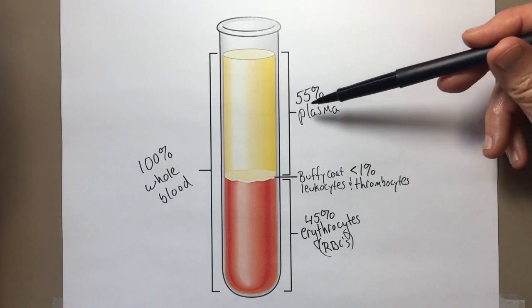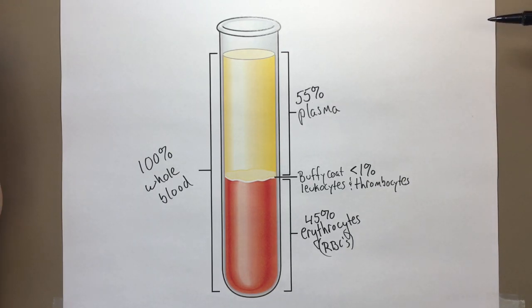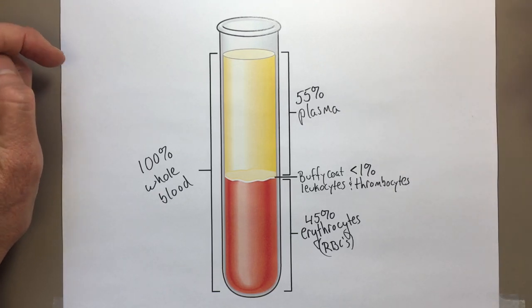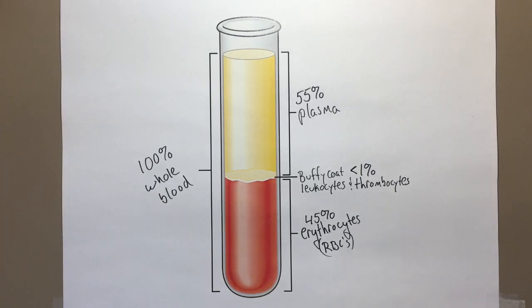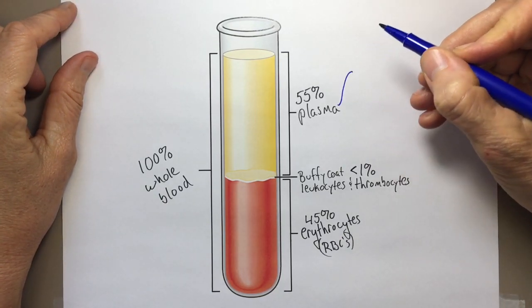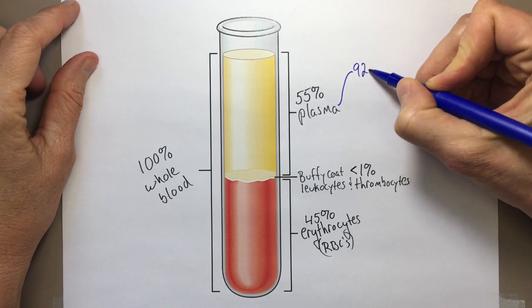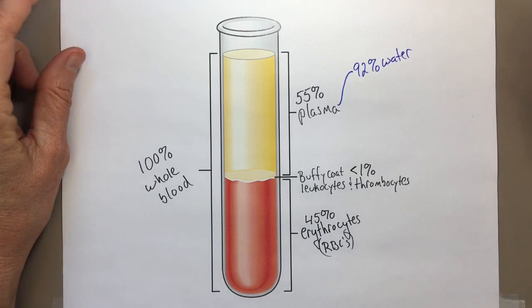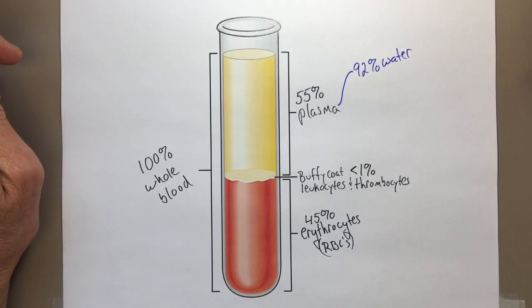For now, I want to turn our attention to the plasma, the fluid portion of blood. And if we break down the composition of plasma, I'll use a slightly different color for that. When we break down the composition of plasma, it turns out that plasma is mostly water. Plasma is 92% water. Maybe you've heard someplace that the body is made up of mostly water, or at least the most abundant molecule in the body is water, and that's true.